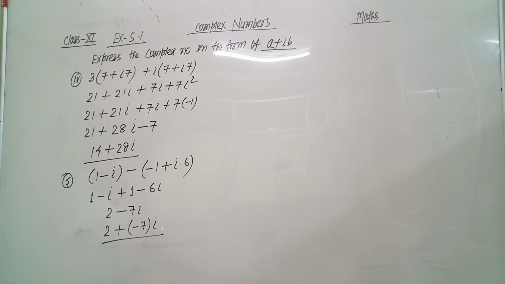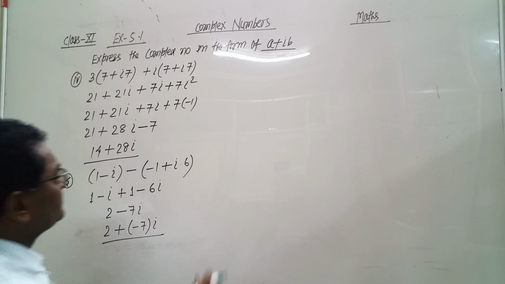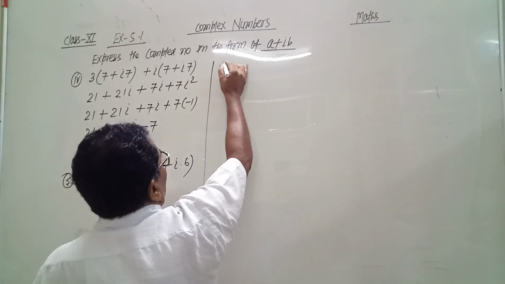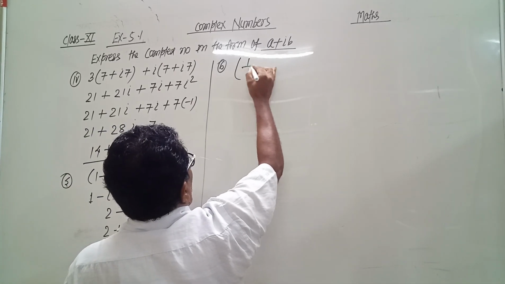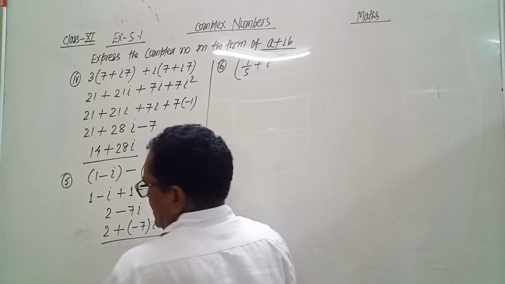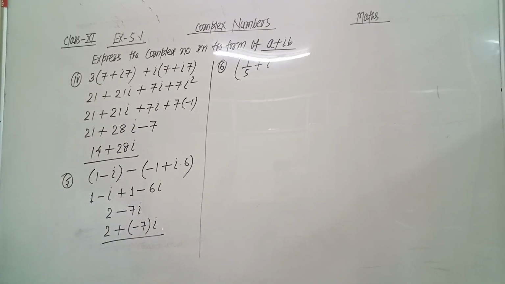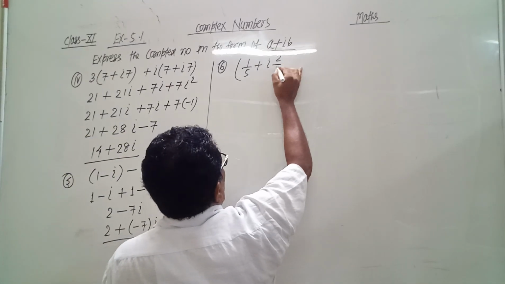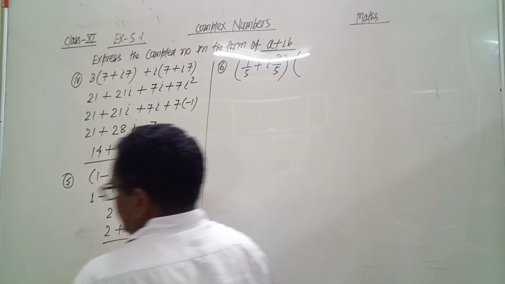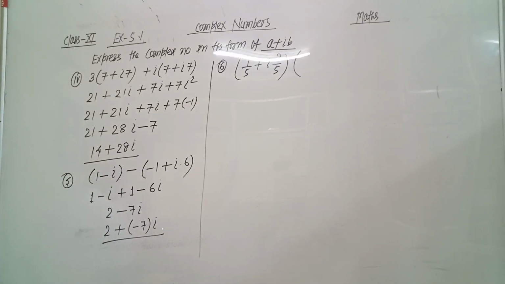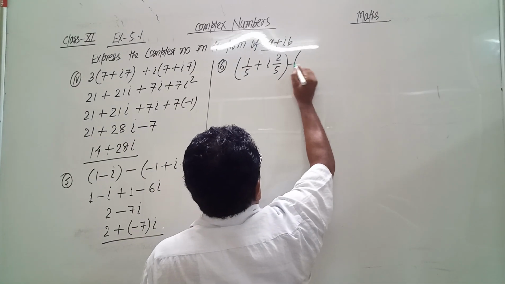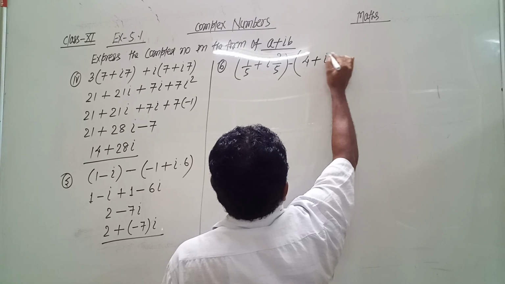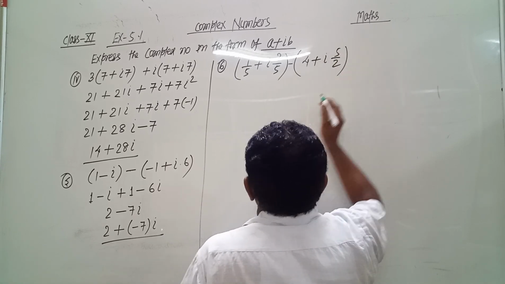Next question, the sixth question: (1 by 5 plus i into 2 by 5) multiplied by (minus 4 plus i into 5 by 2).